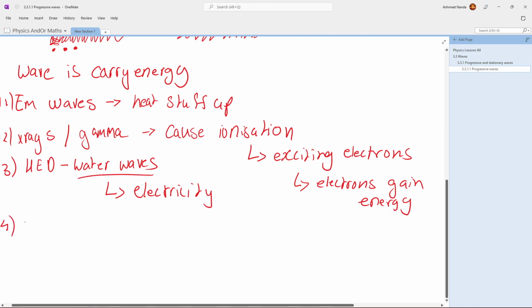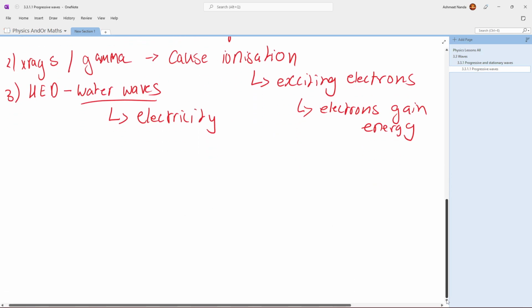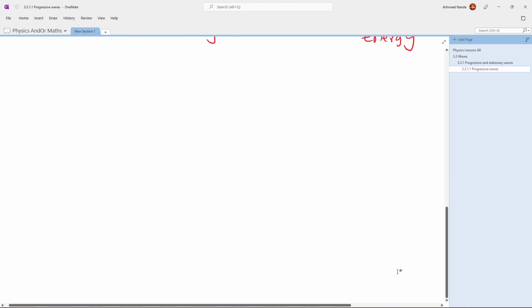And finally, one thing to keep in mind, it's not an example, but whenever you are transferring energy from the source to whatever it's transferring it to, the source has to lose energy because it is giving off energy. That means there must be some energy that it loses. So that is how you know that a wave carries energy.